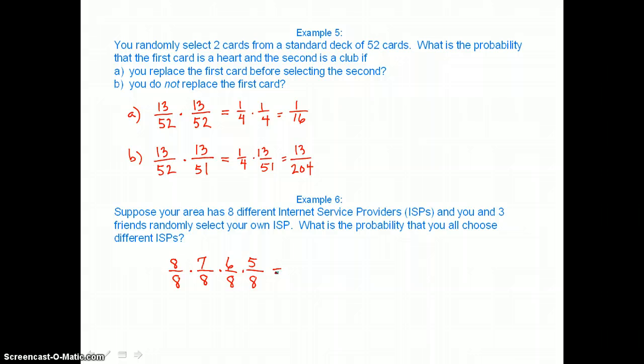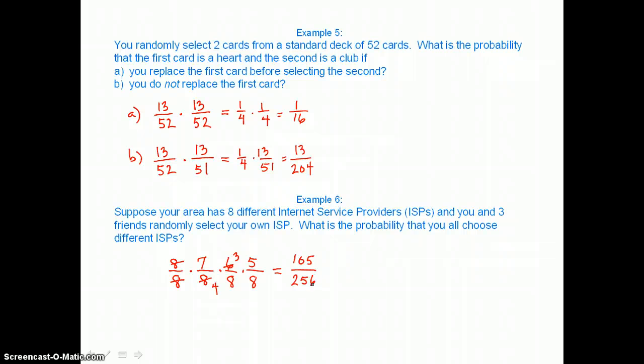Okay, so simplifying and multiplying here, we can cancel a factor of 2 top and bottom. Okay, nothing else cancels. So let's multiply using our calculator. So in the numerator I'm getting 105, and in the denominator I'm getting 256.